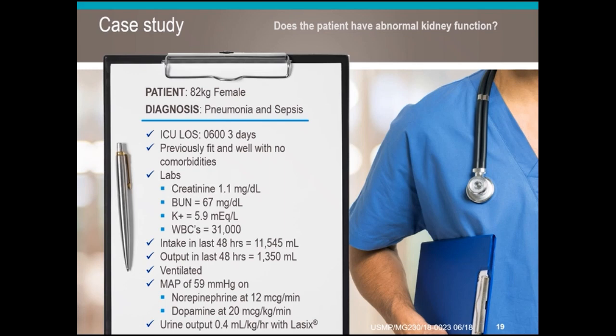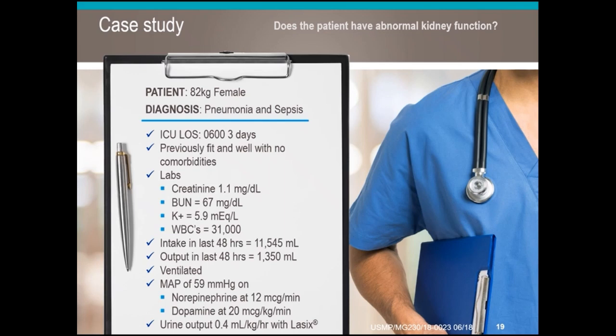In the last 48 hours, the patient's had almost 12 liters in, and a little over a liter of urine out. The patient is on a ventilator, on 2 pressors with a MAP of 59, and with Lasix is putting out 0.4 mils per kilo per hour. So according to this case study, does this patient have abnormal kidney function?